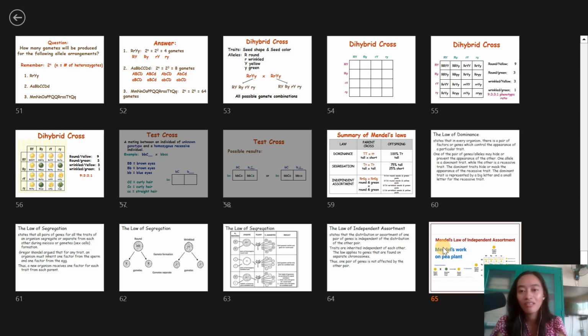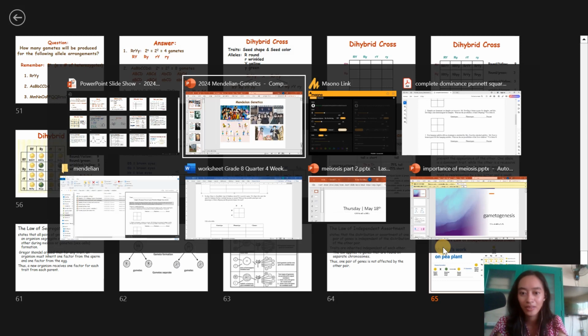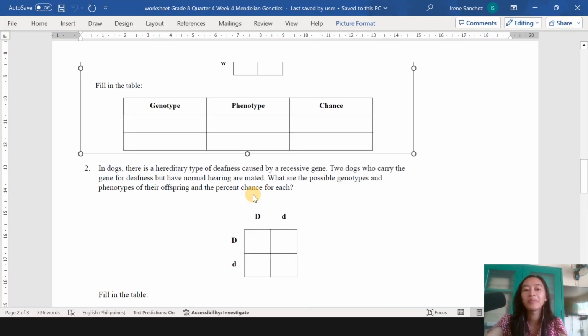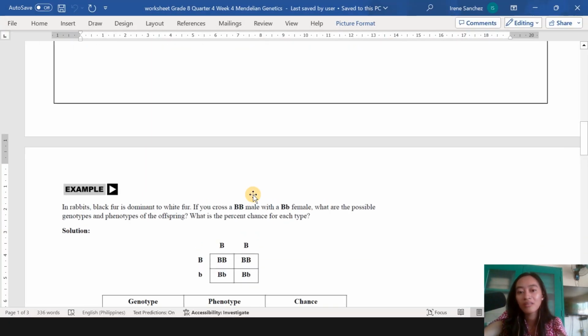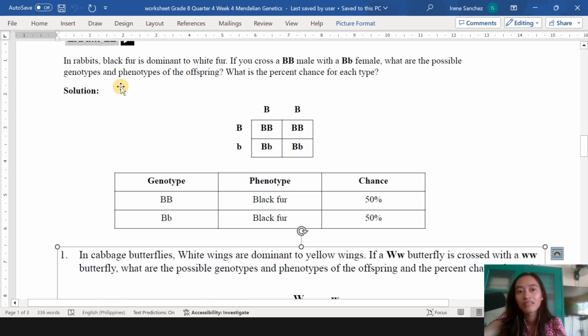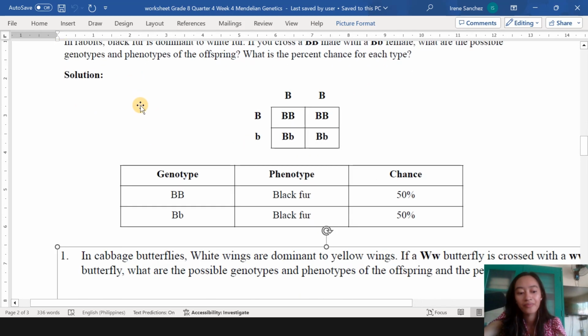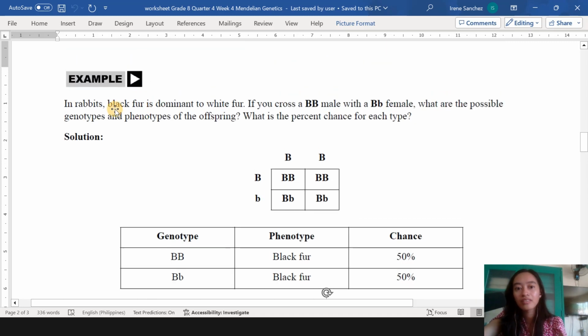What if we try some examples? Why not? Let's go to your assignment. Okay, we have this example. In rabbits, black fur is dominant to white fur. If you cross purely, wait, let's see.